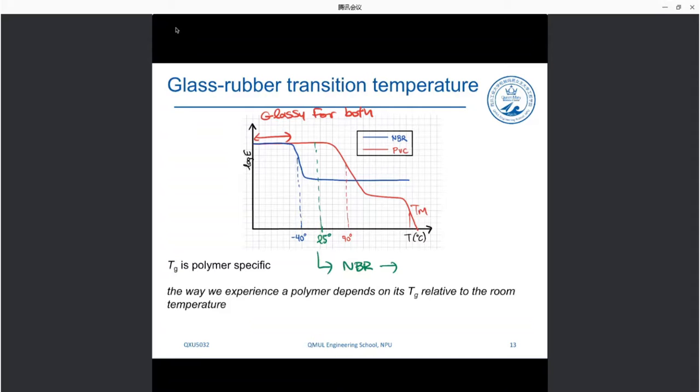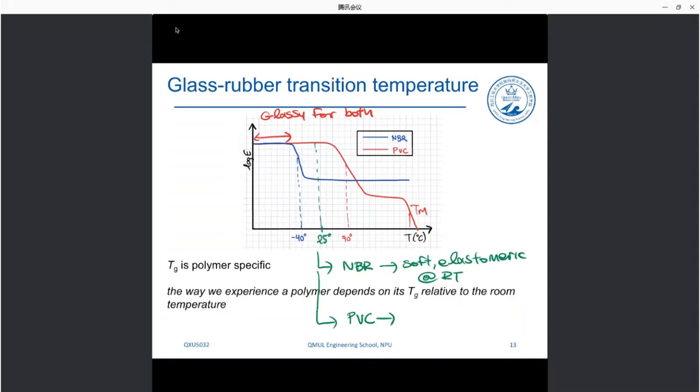So the NBR is soft, elastomeric at room temperature, while the PVC displays, let's say, thermoplastic characteristics. So the modulus is much higher.